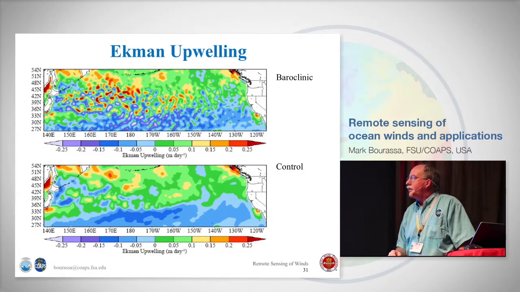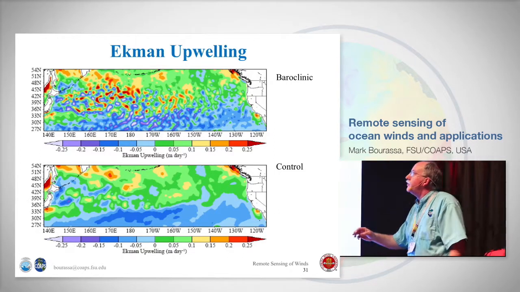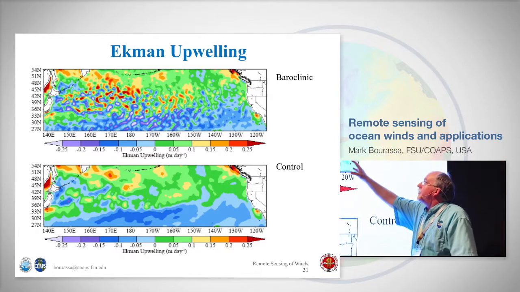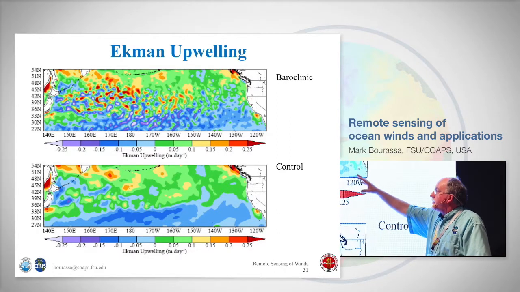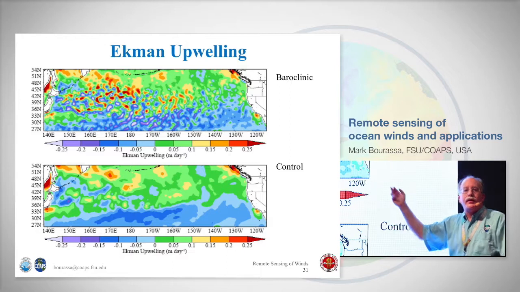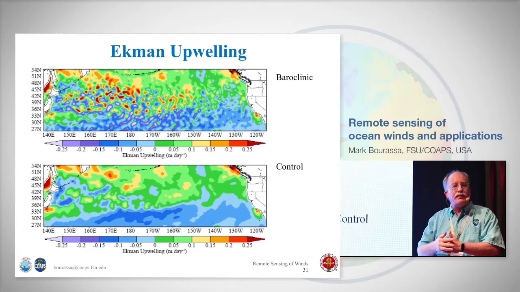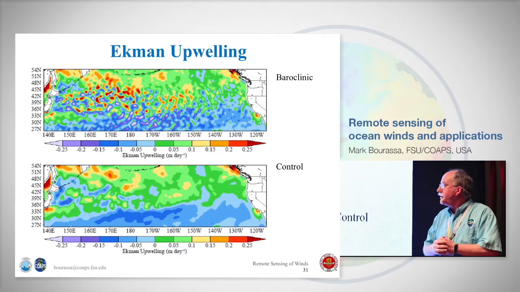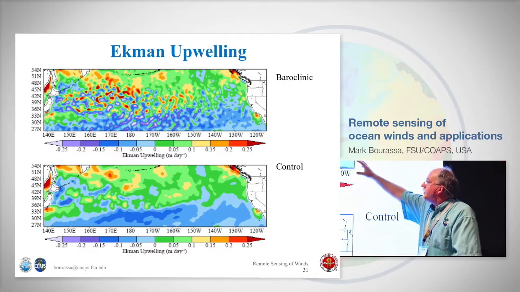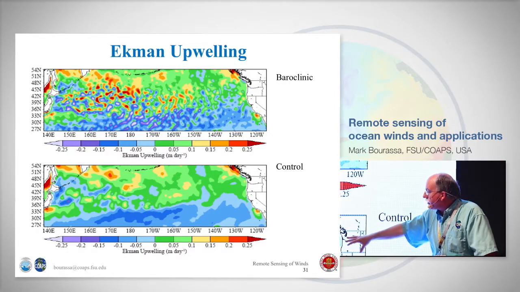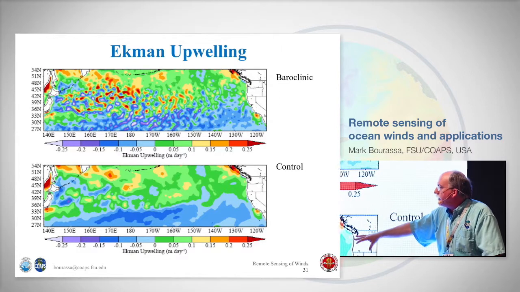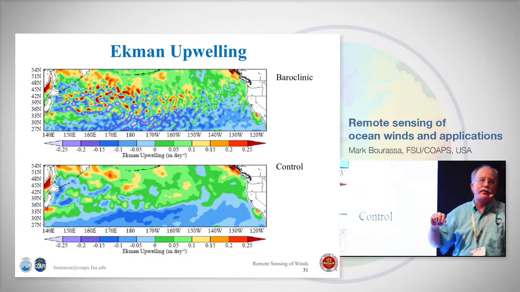So if the wind blows over it, and we naively assume that we can calculate Ekman upwelling, that all this evolves, enough time passes that these systems come into equilibrium and upwelling actually happens, you get this kind of upwelling. If you work without that response, you get this kind of upwelling. And there's a huge difference.